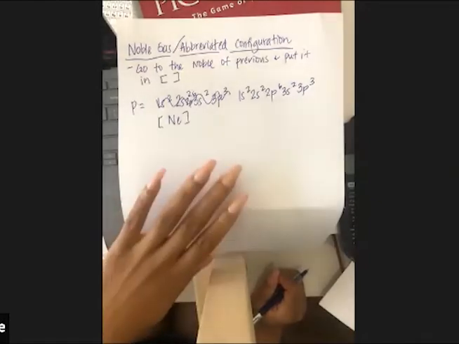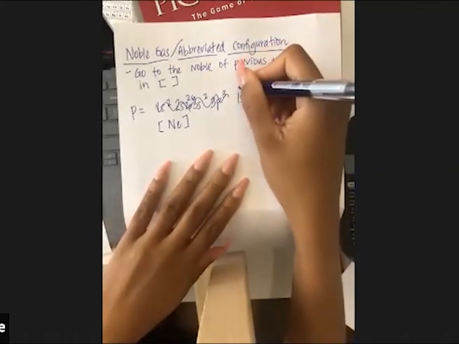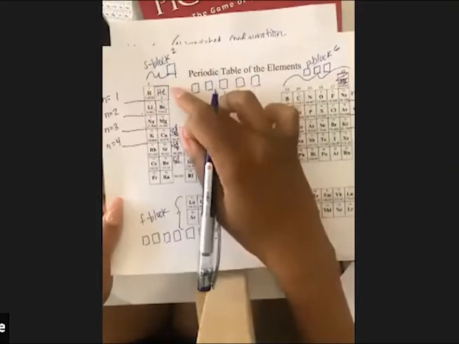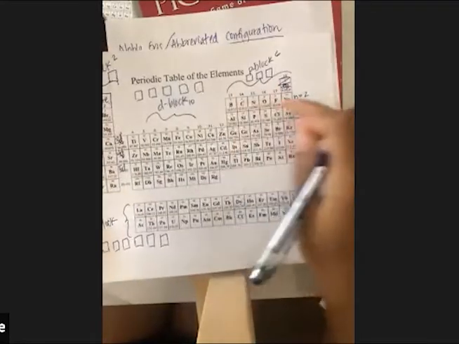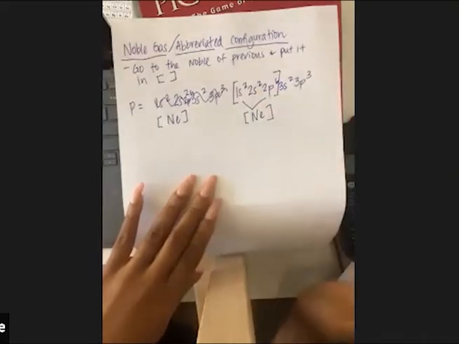Now, if I go to the noble gas of the previous row up from phosphorus, that's going to be neon. And in reality, neon's configuration is simply 1s2 all the way to 2p6. I can look at the table and see it's 1s2, 2s2, and then 2p6. So basically, this is just neon. There's no point of writing all that out again.